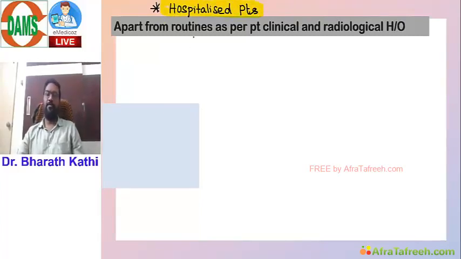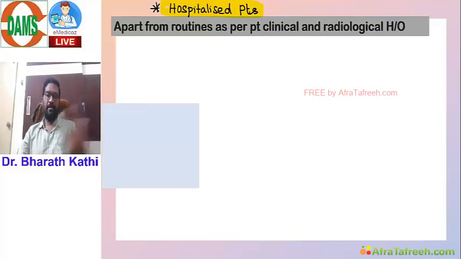Apart from routines, in the sense when you hospitalize a patient, you do some routine blood tests. You do CBC, complete blood count, and some RFT, LFT, electrolytes, all these routine investigations, as per patient clinical and radiological history for diagnosis of pneumonia.